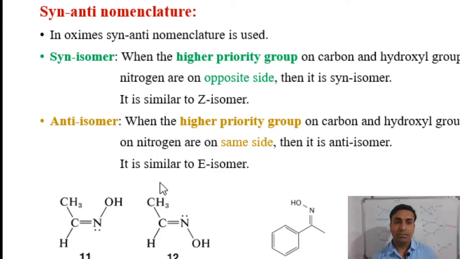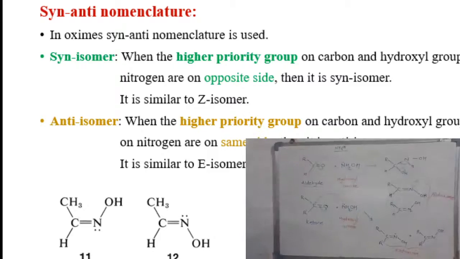And when the hydrogen and OH are on the opposite side, then it is anti-isomer. How that we shall see on the board. For both aldoximes and ketoximes, we shall discuss the nomenclature.